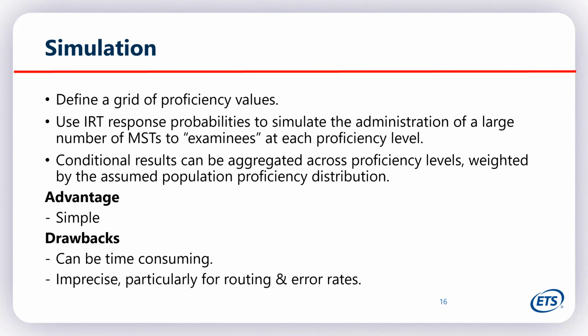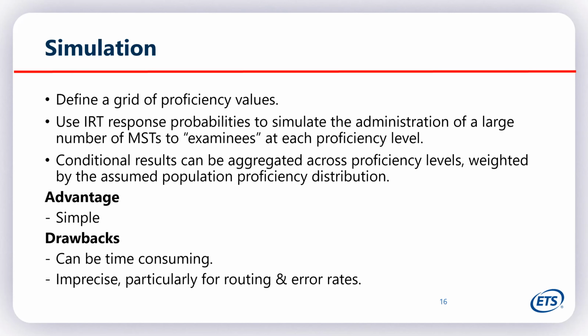Under simulation, we use the IRT response probabilities to simulate the administrations of large numbers of MSTs at each proficiency level. And from those conditional distributions, we can read off almost everything, in that the variance of the distribution of observed scores conditional on a true ability value is essentially the square of our conditional standard error of measurement.